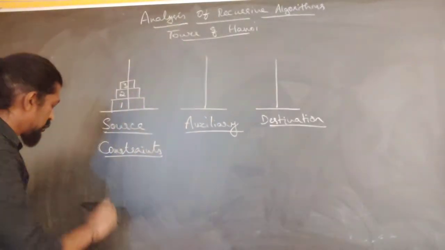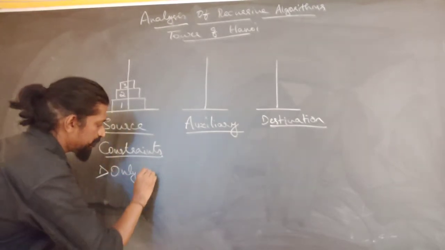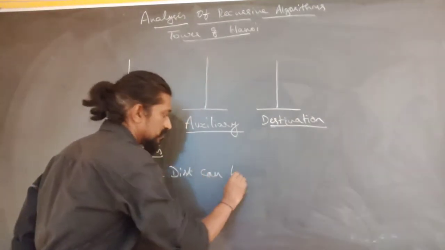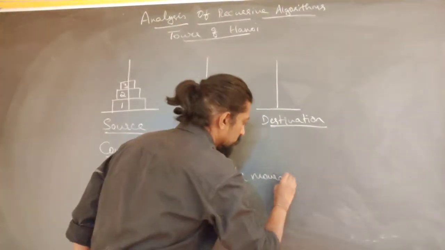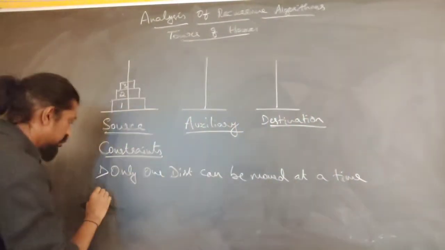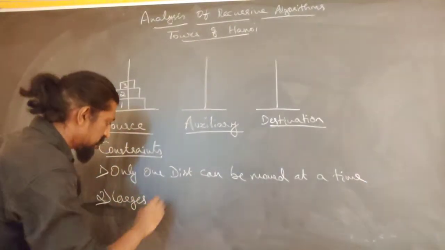What are those constraints? The first constraint is only one disc can be moved at a time. The second constraint is a larger disc cannot be placed on top of a smaller disc.